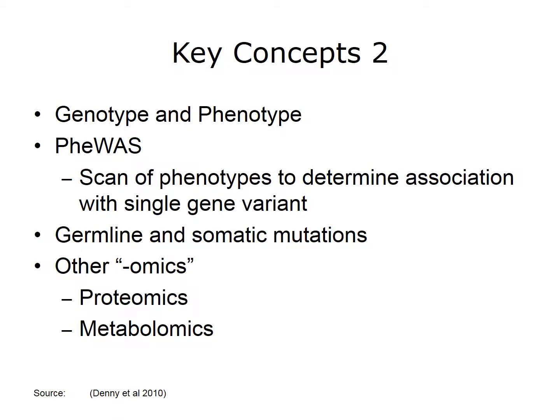The genotype of an individual describes the specific genes in their body that were inherited from their parents. The phenotype describes an individual's physical or clinical characteristics. The PheWAS are phenome-wide association studies that scan the clinical record to determine phenotypes associated with a single gene variant.